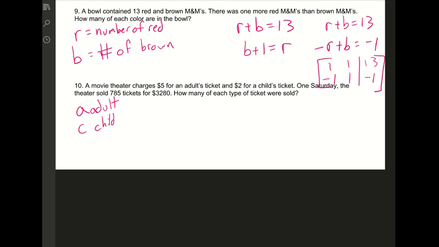So $5 for an adult ticket, $2 for a child's ticket, sold 785 tickets for $3,280. So what you do is 5 times A plus 2 times C is equal to 3,280, because this is our cost equation. Then we also have a number because you add the adult tickets and the child tickets together and you get 785.